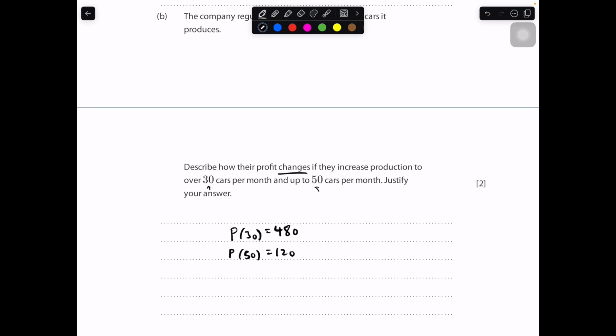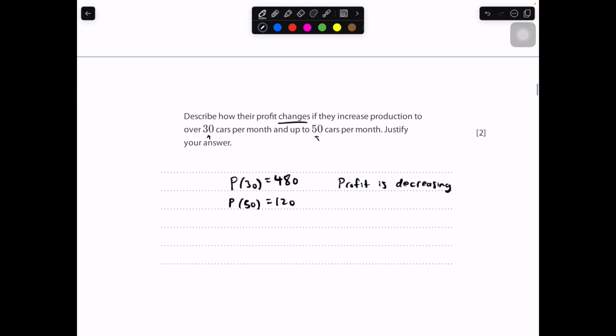And this would be enough to say that profit is decreasing. If you wanted to, and if you took the trouble to sketch it or provide a graph, we could provide a sketch and then label the points as well. 30, 480, which is actually our vertex, it looks like, and then 50, 120. 30 cars make $480,000 in profit. 50 cars, and it actually looks like we start to lose money.